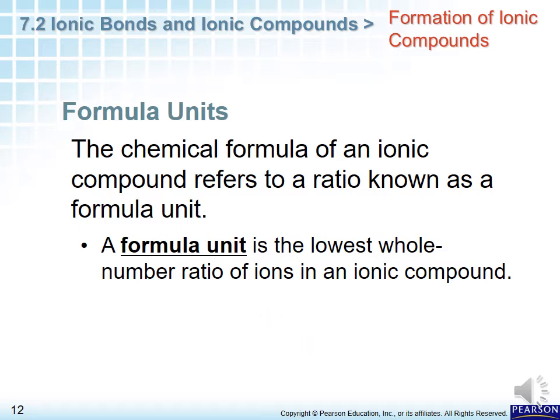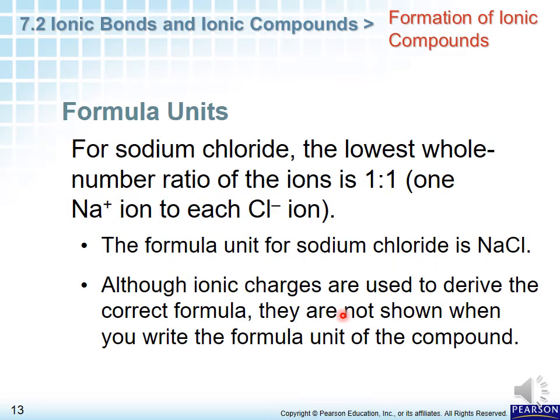NaCl means 1:1. Look here. In sodium chloride, the lowest whole number ratio of the ions is 1:1. It means one sodium ion combines with each chloride ion and makes sodium chloride. So the formula unit of sodium chloride is NaCl.